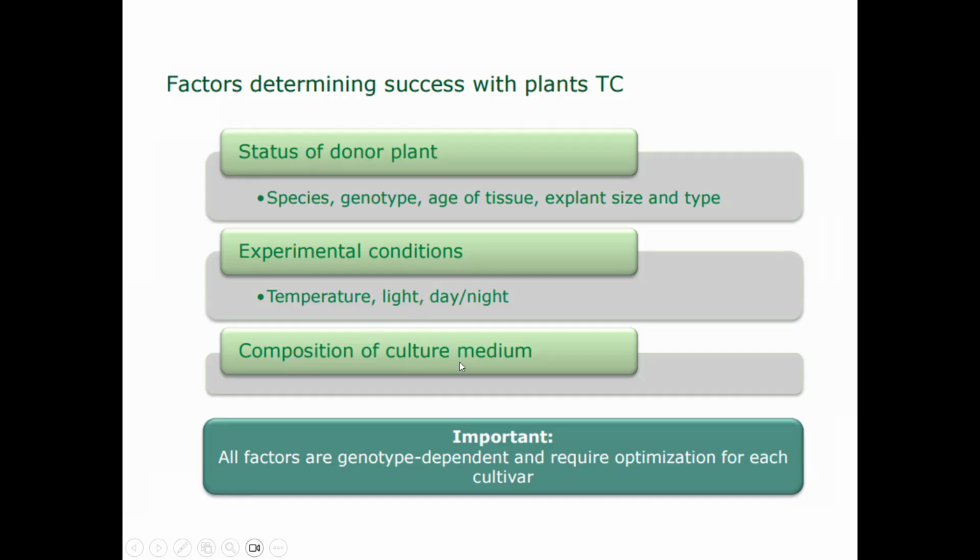Composition of the culture medium is very, very crucial because composition is very complex and you need to find the appropriate ratio of different chemical constituents you are using in the media. So all factors are genotype dependent and require optimization for each cultivar.